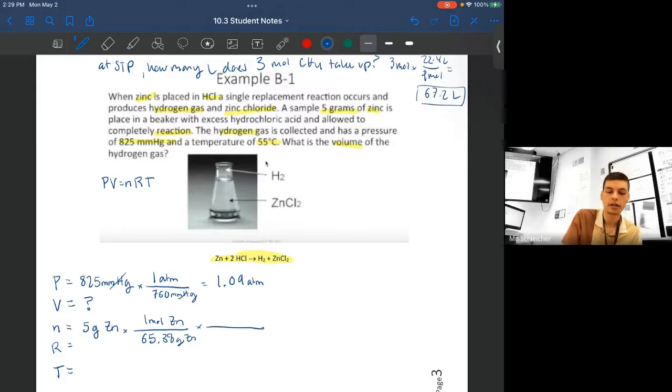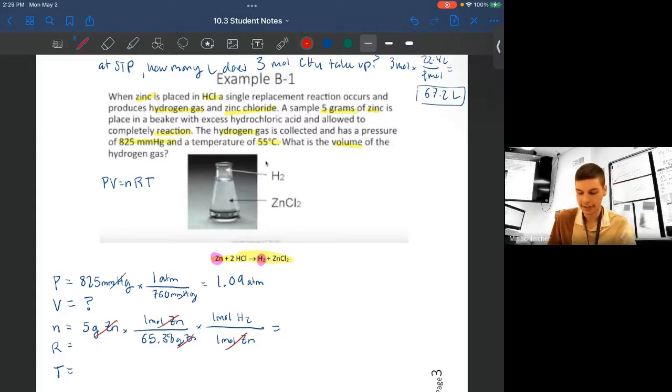And then we can convert this to moles of hydrogen gas by looking at our chemical equation. We see that for every 1 mole of Zn, there's 1 mole of H2. I can go ahead and calculate this. Grams cancels out, moles cancels out. 5 divided by 65.38, we get like 0.08 or so moles of hydrogen gas, which is what we're looking at here.